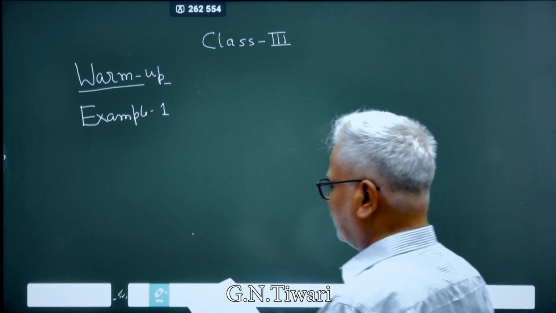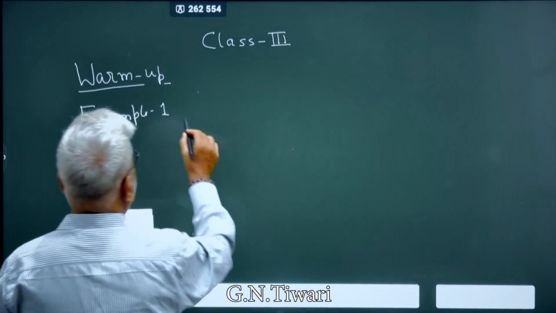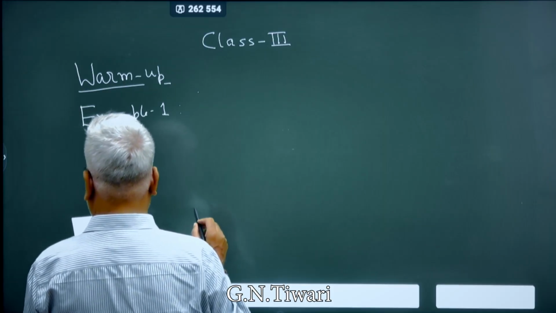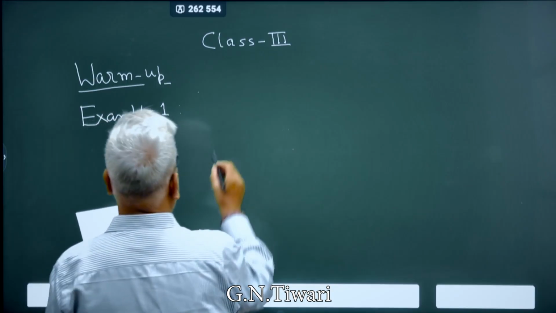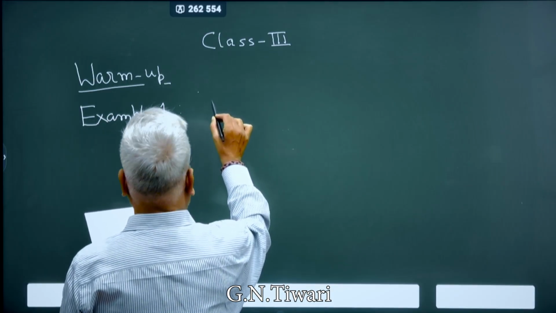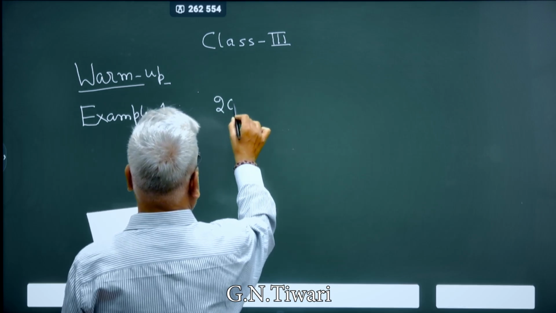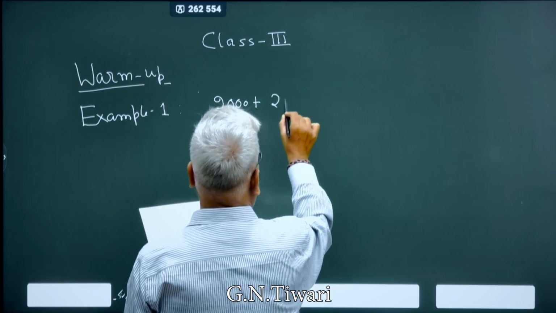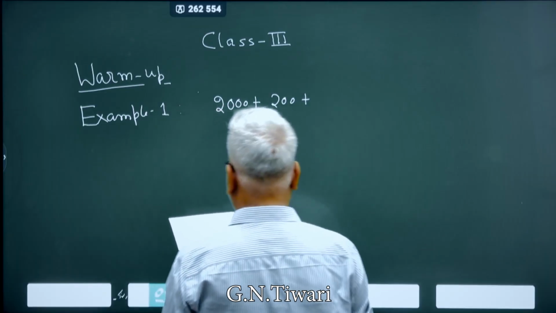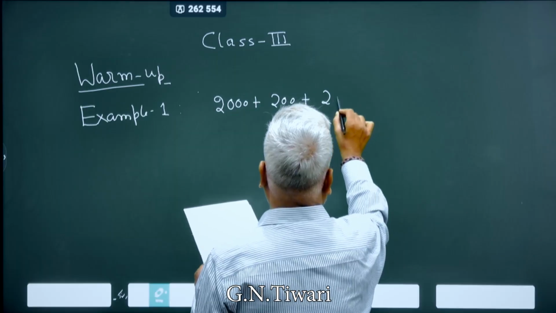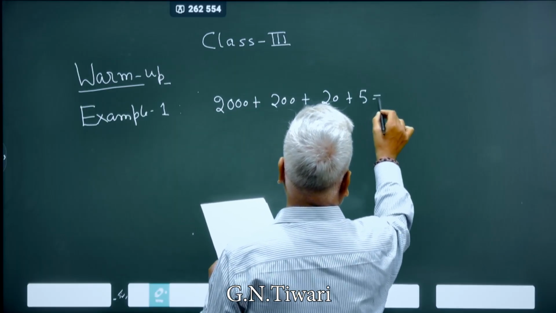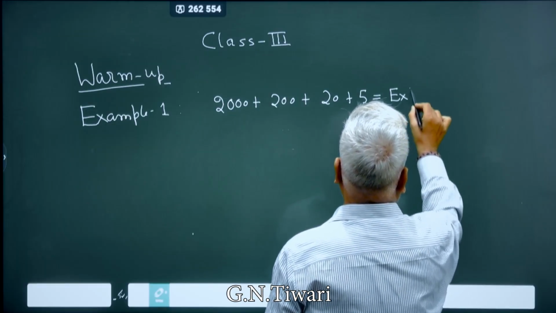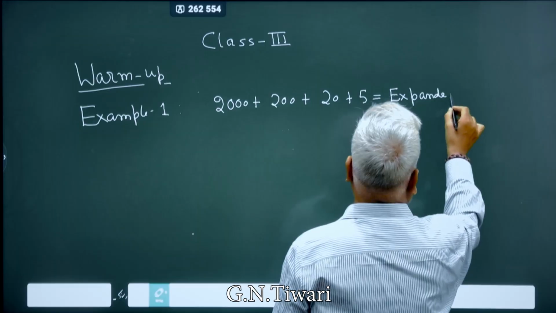I am just giving a number, 2225, let us say. 2000 plus 200 plus 20 plus 5. This is in an expanded form.